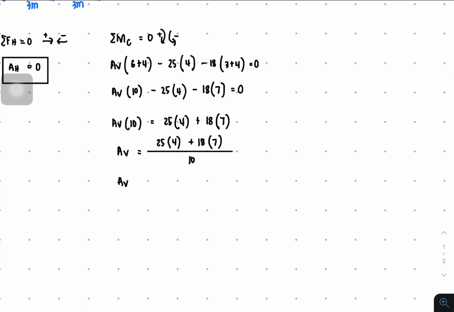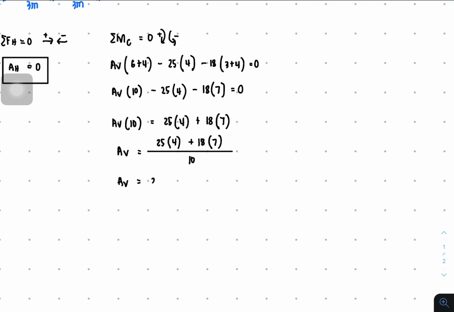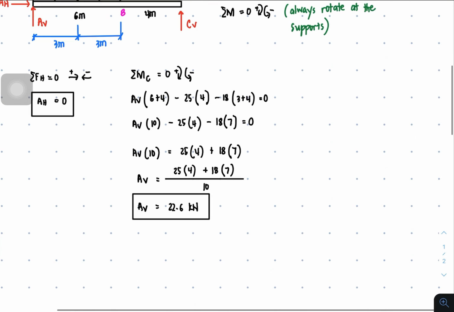So what is our AV equal to? You just get your calculators, and the answer is 22.6 kilonewtons. We obtain a positive value because our assumption that AV is upward is correct. Okay, that is our AV.